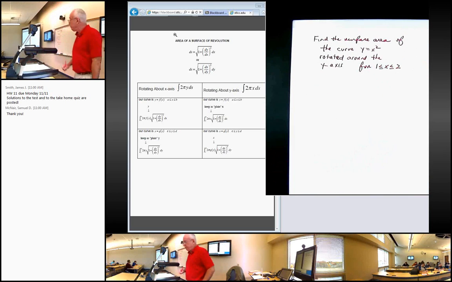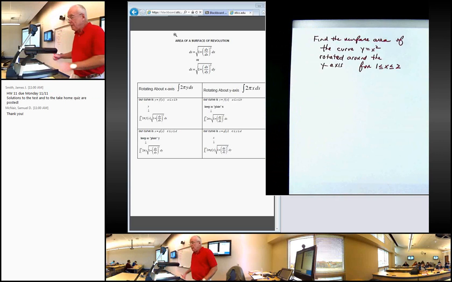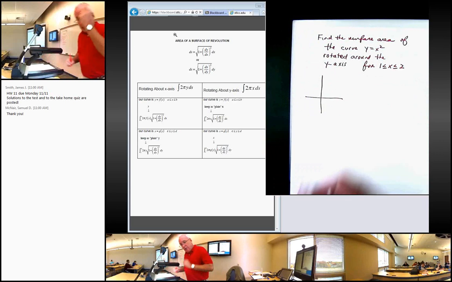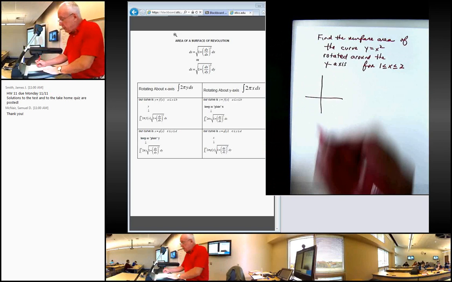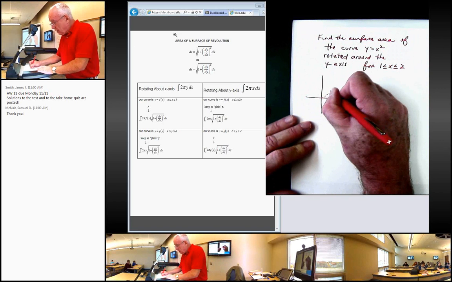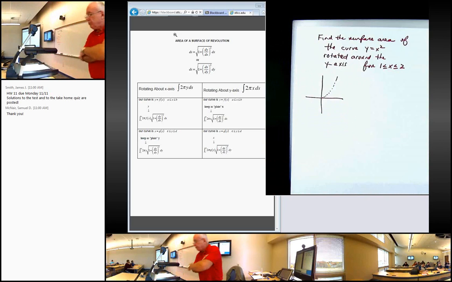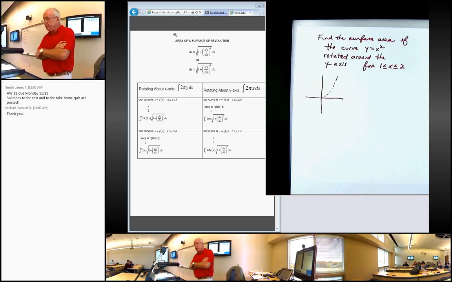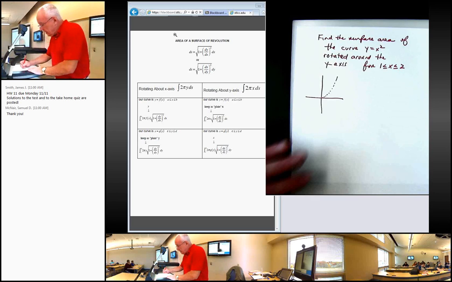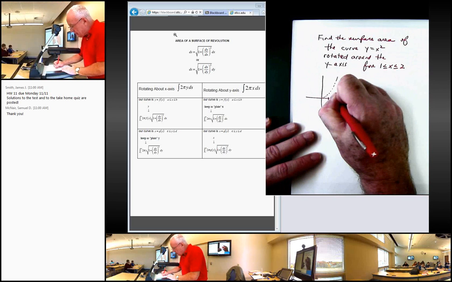Now, it's not really necessary to draw a picture, but I'll do that here. Basically, y equals x squared is a parabola, so I'll just draw the right portion of it. Here we have x equal 1, x equal 2.